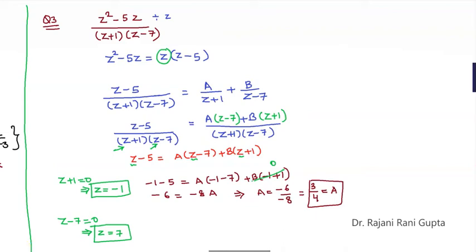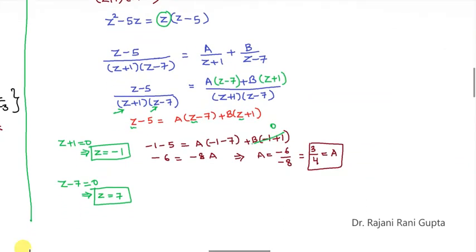Similarly, when we solve it for 7, what will we get? 7 minus 5 equal, again we are substituting here, a times 7 minus 7, b times 7 plus 1. 7 minus 7 cancels out, becomes 0. So here 7 minus 5 is 2.